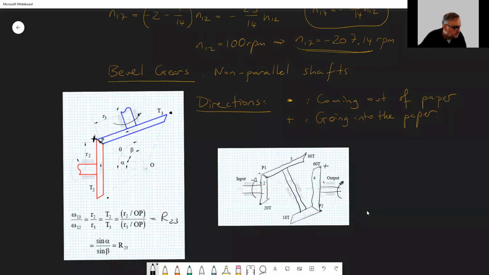So you have, as you see, for example, R23 is the thing is, we don't use this plus minus sign convention here because, well, what does it mean to have a plus and minus?